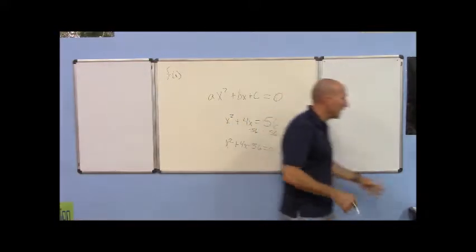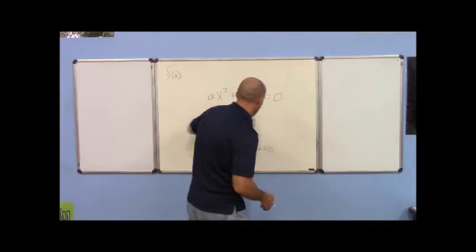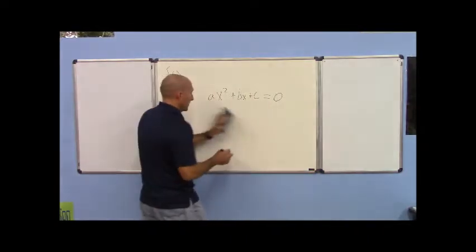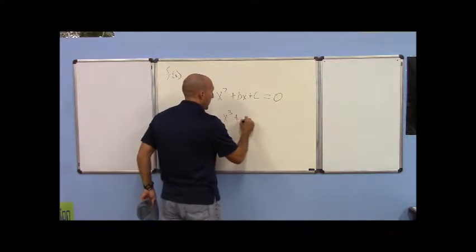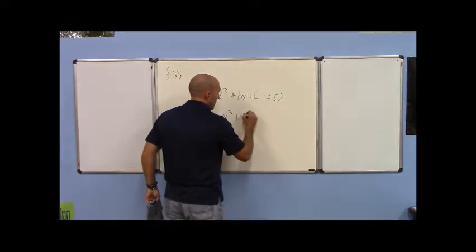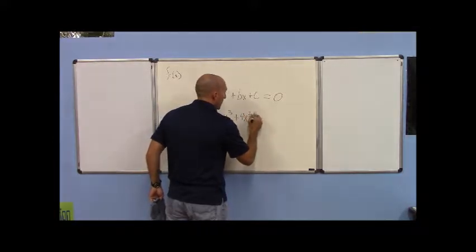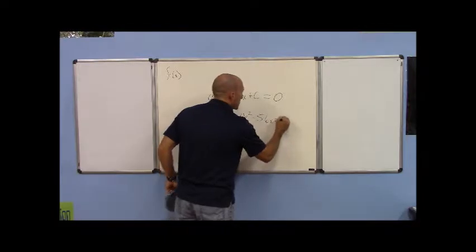Another way that we might have seen this is if it were x cubed plus 4x squared minus 56x equals 0.